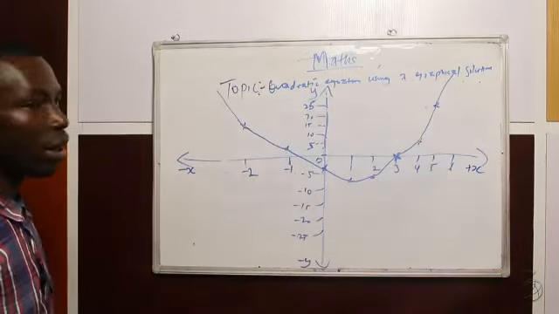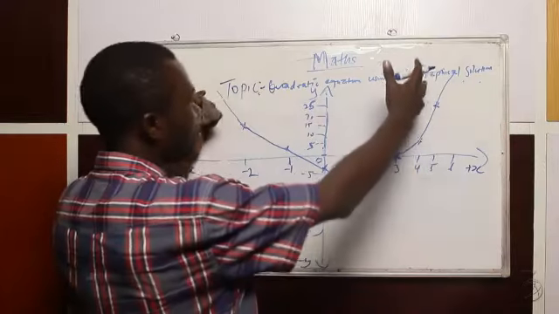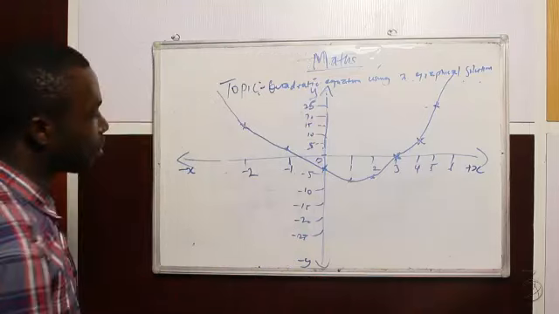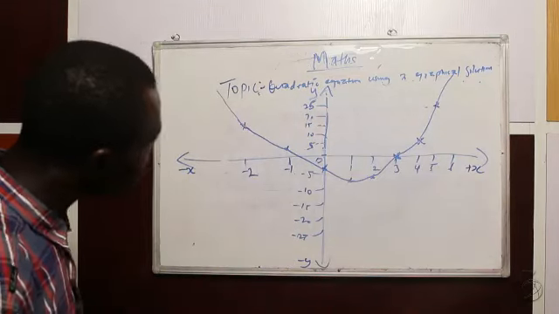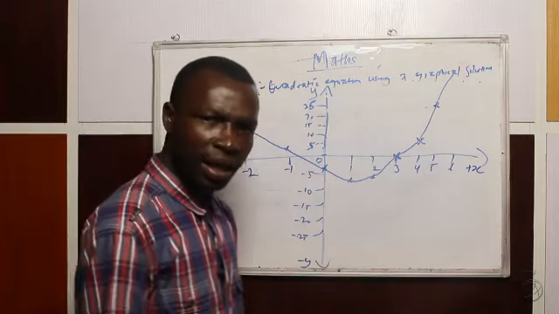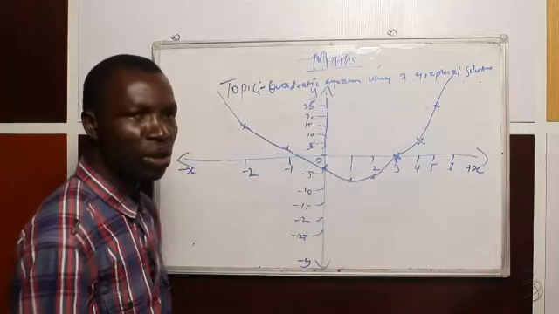You discover that we have this U-shaped curve. A parabola shape has been constructed from this graph. Now, we've drawn our graph perfectly okay. Check your graph. If it looks like this, you are absolutely correct.